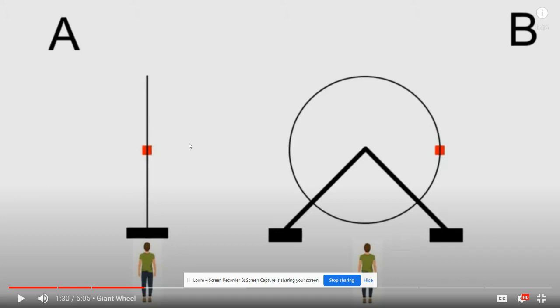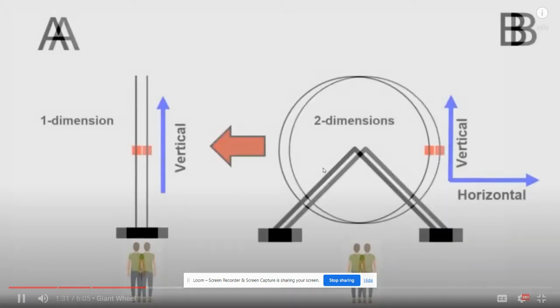Remember, we said the guy's standing to one side, right here, watching the Ferris wheel. So all he sees is the vertical position of the person on the Ferris wheel. And that's the sine value.